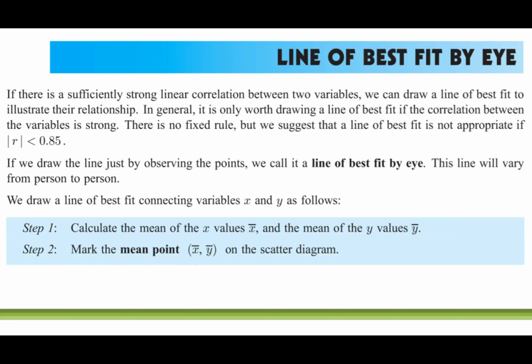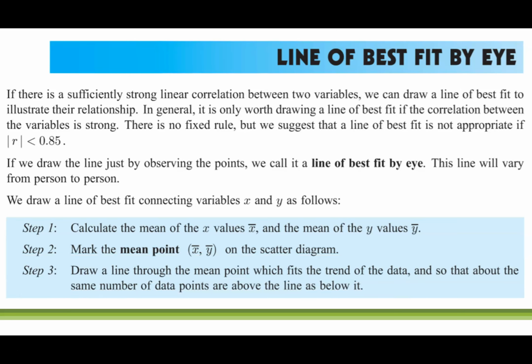So what can you do? Well, there has to be a way to avoid two different people with differing opinions coming up with two different lines of best fit or trend lines. To minimize the differences between them, there's a couple things that we do.